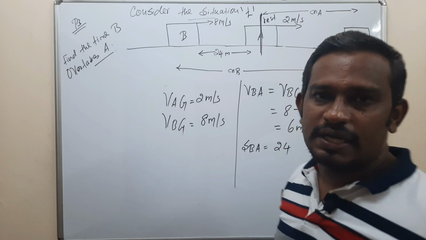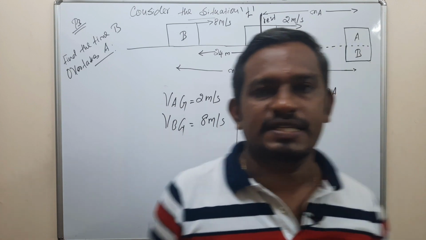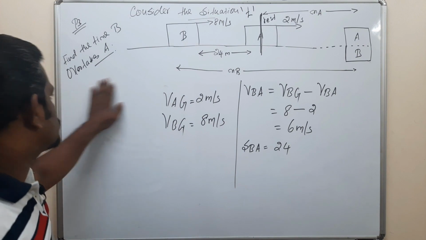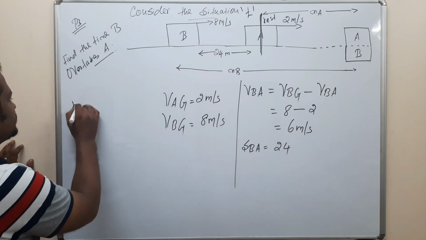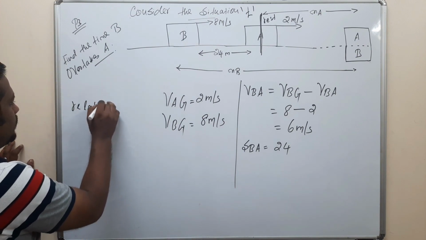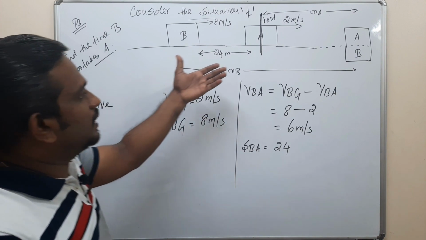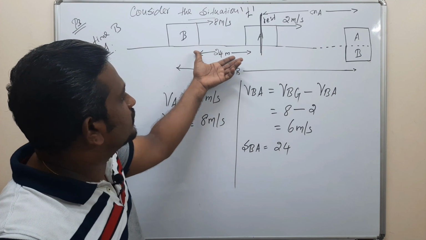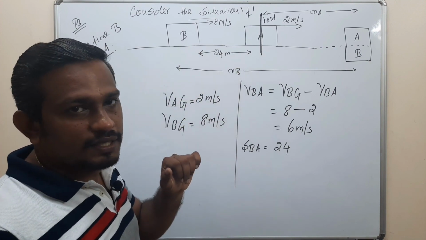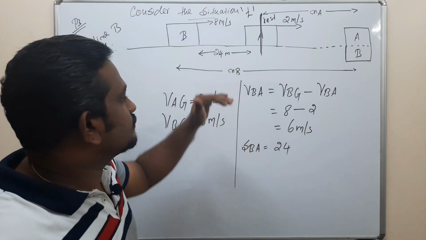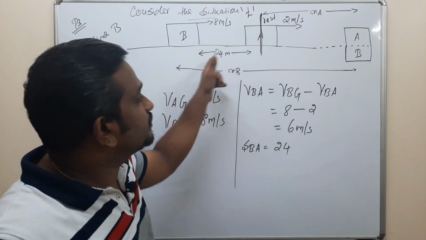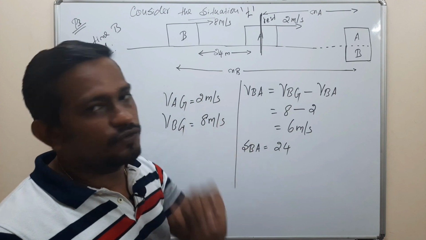So when the frame of reference changes, the relative distance between two bodies never changes. That is very, very important. When these two cars are observed from the ground frame, the distance between the two cars is 24 meter. Now the frame of reference changes from ground to the car A. Still the distance between the two bodies is 24 meter only.